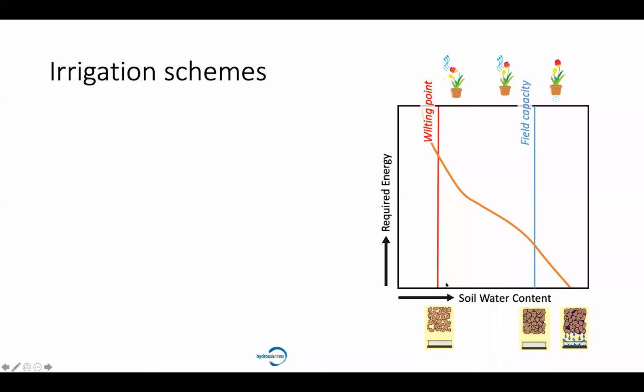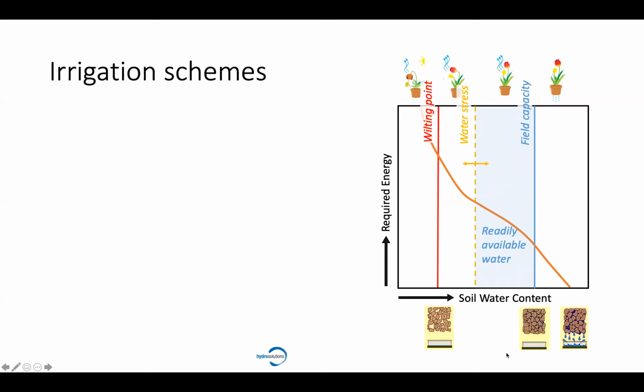So that is the point where the plant has to expend more energy to draw out water. And this water stress point is depending on the plant. Beyond the permanent wilting point, the plant will irreversibly wilt and die. And this small wilting is reversible, so the plant can recover from this water stress. The amount of water that we have here between the field capacity and water stress is the readily available water.